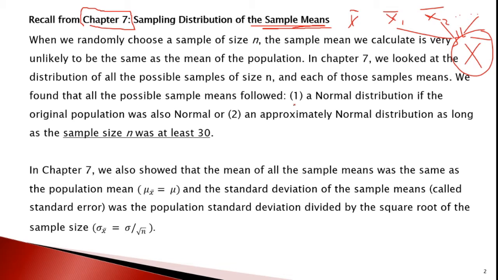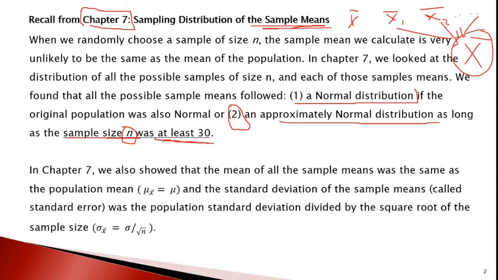Anyway, we talked about this in chapter 7, and we saw how the normal distribution works on these sample means. I told you about sample size: we can approximate a normal distribution as long as the sample size n is at least 30. Got it?